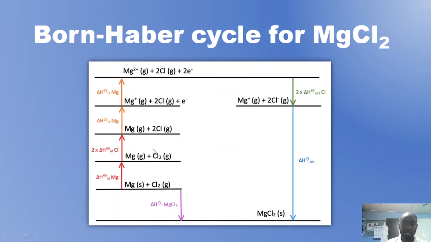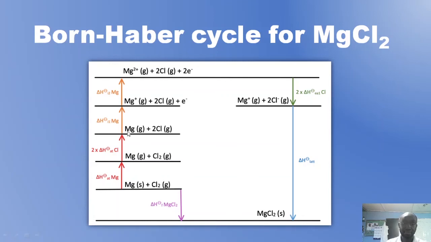After that, you dissociate the chlorine gas to get 2 atoms of chlorine, and that gives you 2 times the atomization of chlorine, which is also equal to the enthalpy of dissociation of chlorine. So 2 times the enthalpy of atomization of chlorine gives you 2 atoms of chlorine.